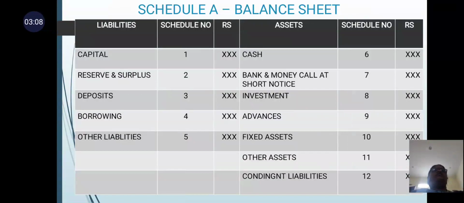The balance sheet states the status of your business. Schedule 1, capital of your banking company. There are two divisions, liability and asset. Under liability, the capital comes under Schedule 1. And reserves and surplus, Schedule number 2, reserves and surplus profit.